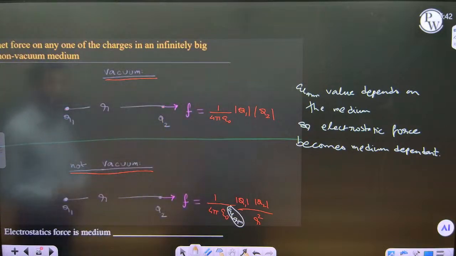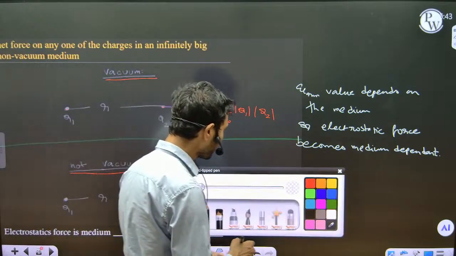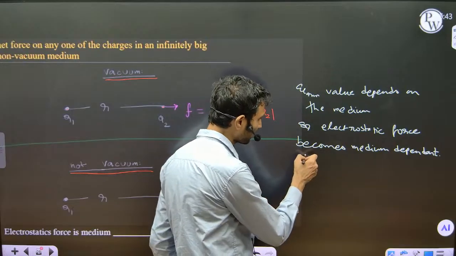Got it? And thanks to which quantity? Why is the dependence there?